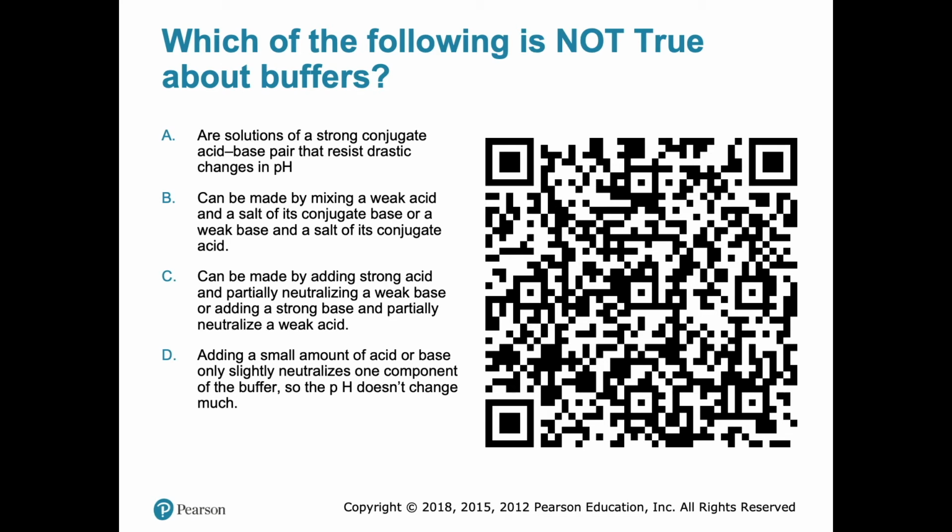They can be made by adding a strong acid and partially neutralizing a weak base, or adding a strong base and partially neutralizing a weak acid, or adding a small amount of acid or base only slightly neutralizes one component, so the buffer doesn't change much.